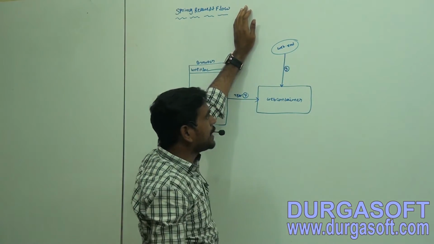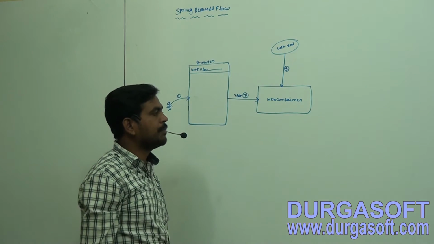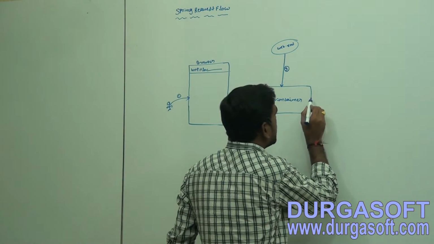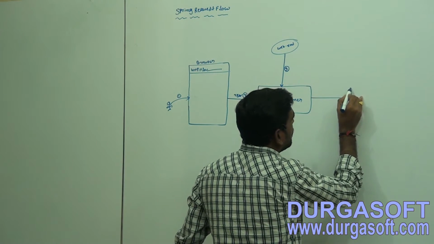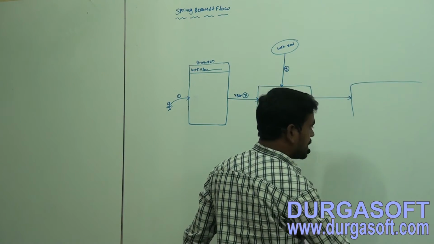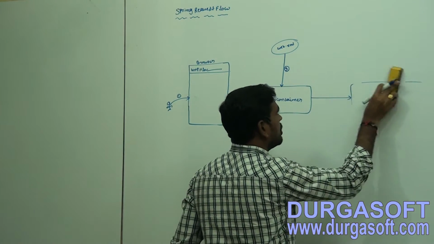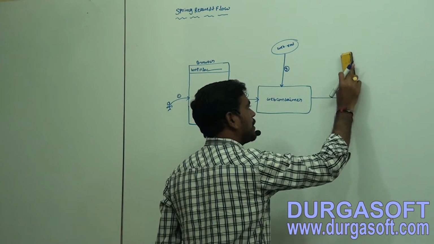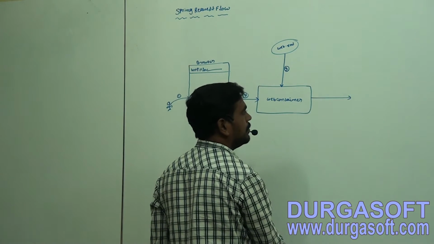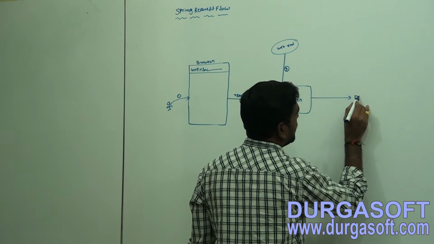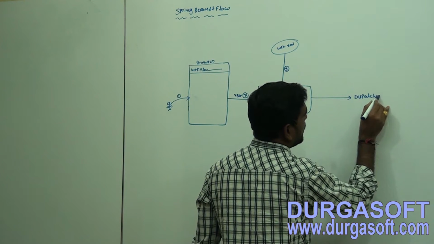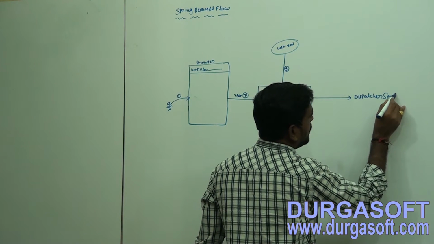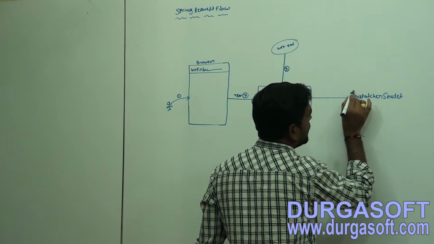The container is loaded by the web.xml file. What does this web.xml file contain? This web.xml file contains the dispatcher servlet controller, right? Dispatcher servlet is the front controller for the Spring Framework.